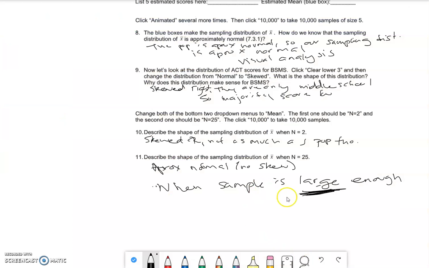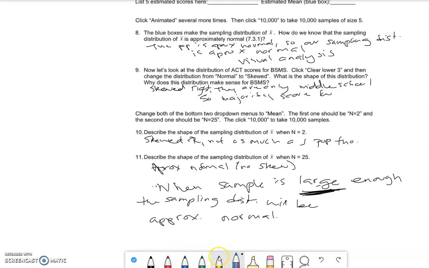When our sample size is large enough, the sampling distribution will, not wish, will be approximately normal. That's our key here. That is the central limit theorem.